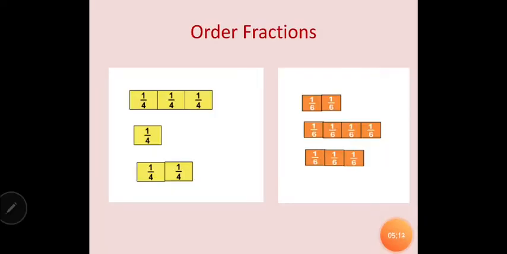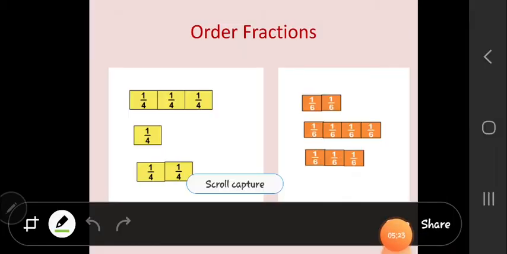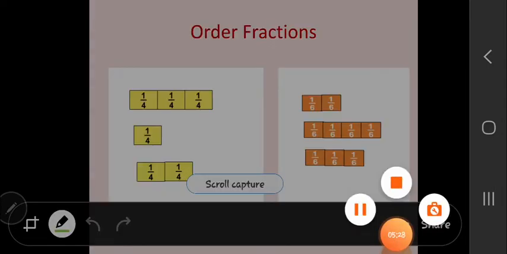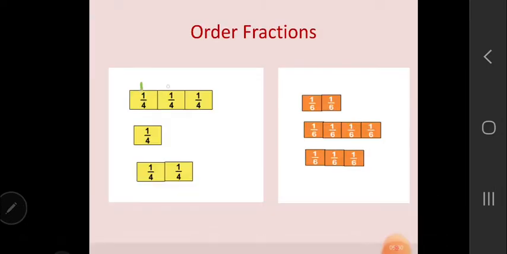Now, after we see which one is more, can you order these fractions? Can you help me to order? You can see that all of them have the same denominator. Okay. So in this case, I have 1, 2, 3. It's 3/4. Here, 1 unit fraction, 1/4.